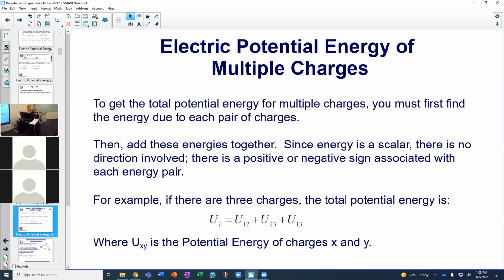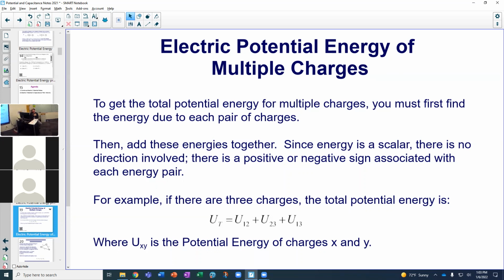All right, so now how do we deal with electric potential energy when there are multiple charges? To get the total potential energy for multiple charges, you must first find the energy due to each pair of charges. Then you're going to add those energies together. Good advantage: energy is a scalar. There is no direction involved for scalars, so they do have positive and negative values assigned with the charge that's present on each pair, but it's not directional.